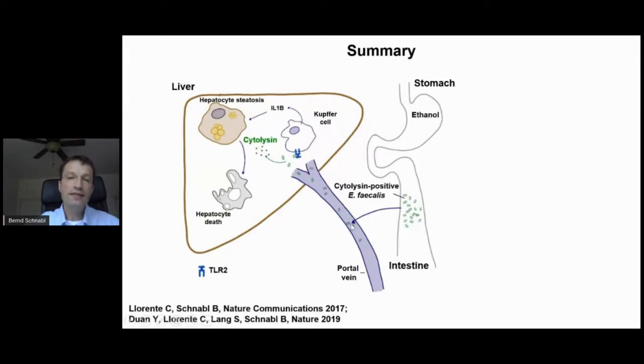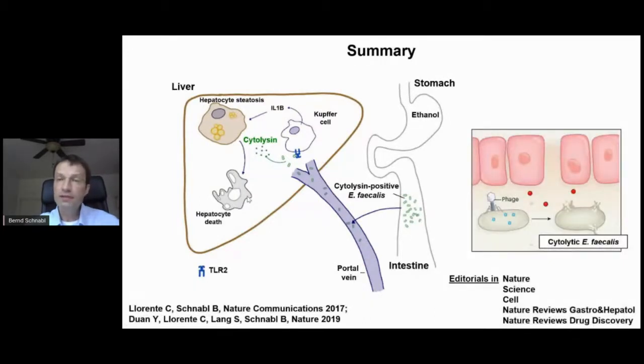These Enterococcus faecalis can migrate and translocate to the portal vein, where they can dock onto TLR2, and we have shown this in our previous publication, which induces liver inflammation, in particular IL-1 beta, which seems to be very important for liver disease. And this drives directly hepatocyte steatosis. But then what we have shown now is that cytolysin is also present in these mice in the liver, and cytolysin can directly kill hepatocytes and cause a disease progression, at least in our mouse model.